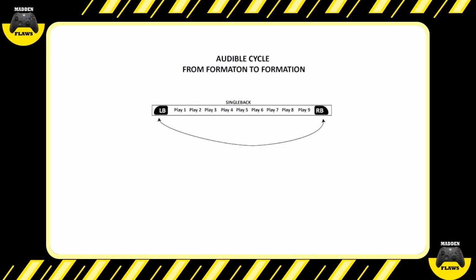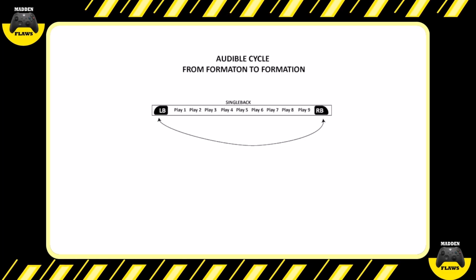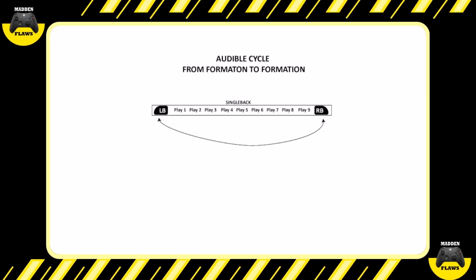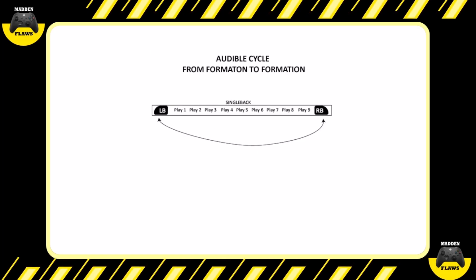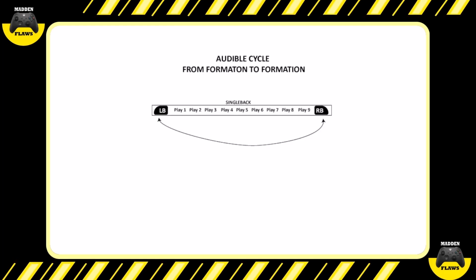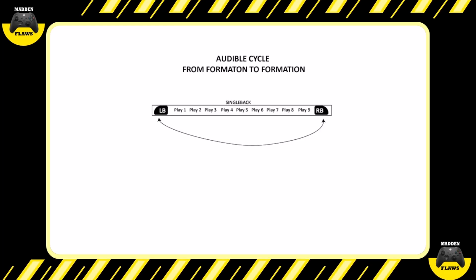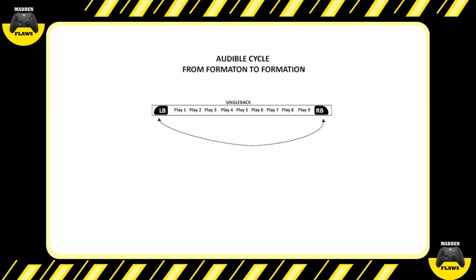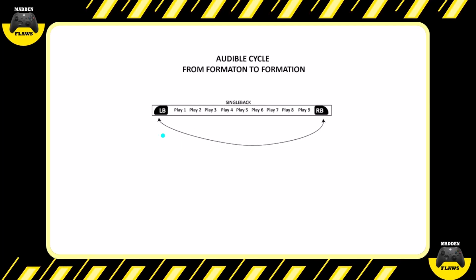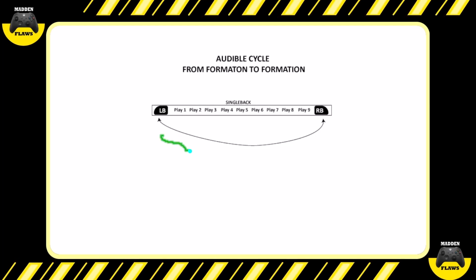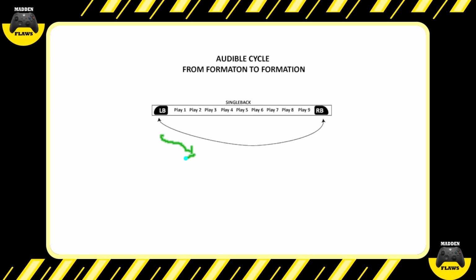When you press your LB button, once you get to, let's say, play number 1, you end up going back the other way. So you don't have to understand this too much, because you go this way.